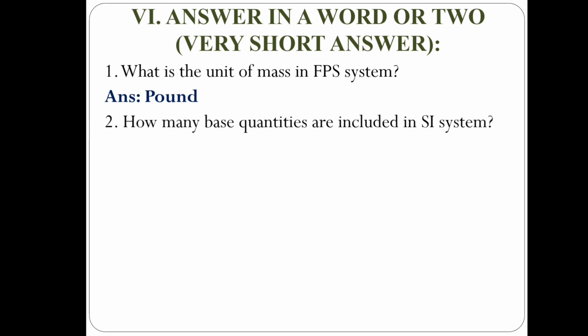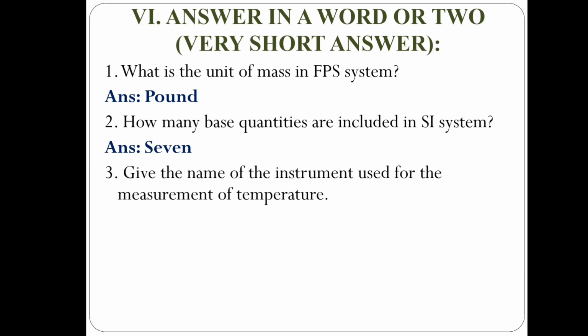How many base quantities are included in SI system? The answer is 7. 7 base quantities are included in the SI system. Give the name of the instrument used for the measurement of temperature.